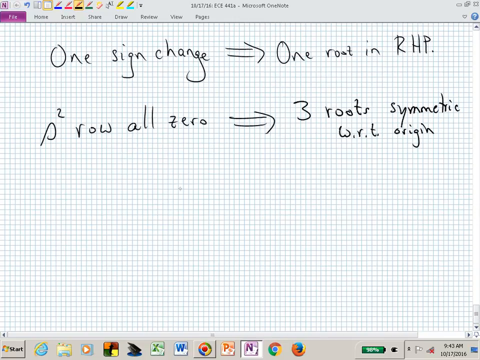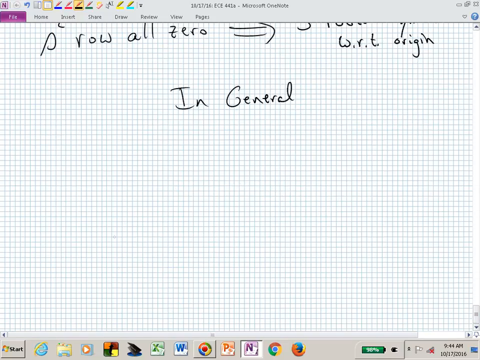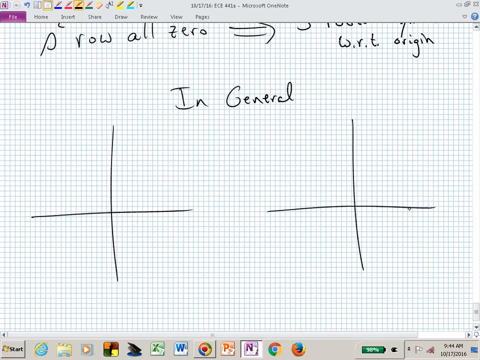And that means in general, what do we have picture-wise? We have 3 roots that are symmetric with respect to the origin. I cooked this up just so we could start to see that we maybe don't always have even numbers of symmetric roots.